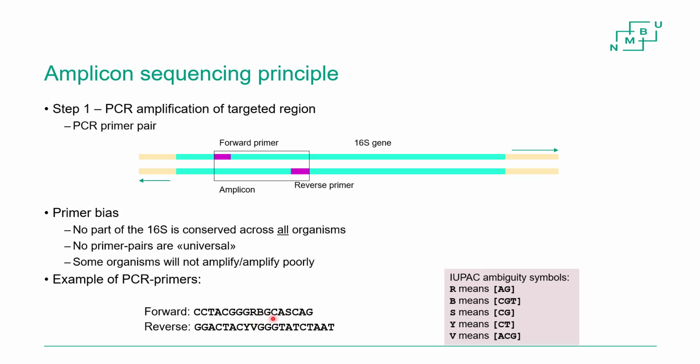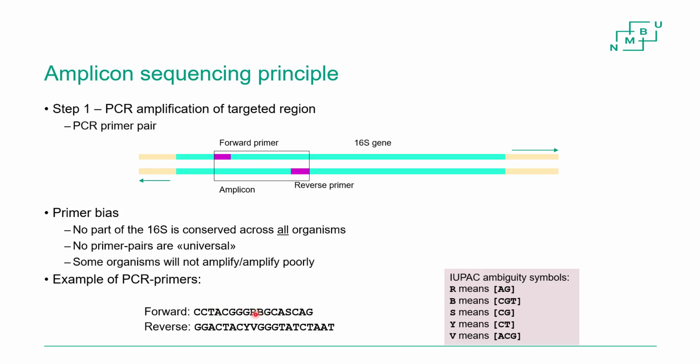And here, B means C, G, or T. So here you have a choice of three bases. And S also means two, C or G. So it means that this single sequence that is spelled out here represents in total 12 different sequences.